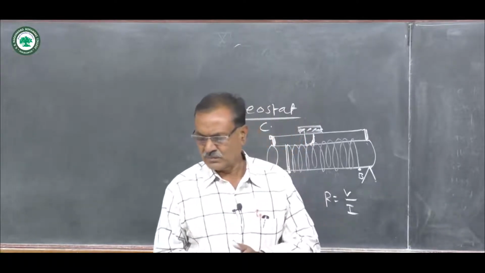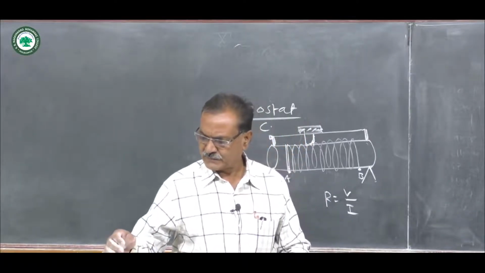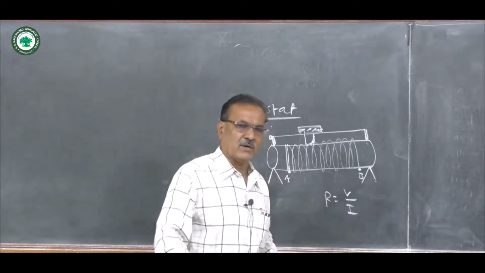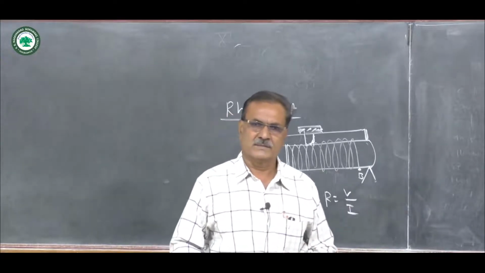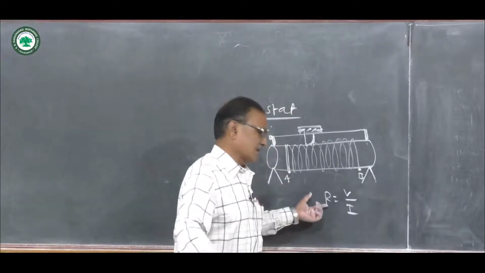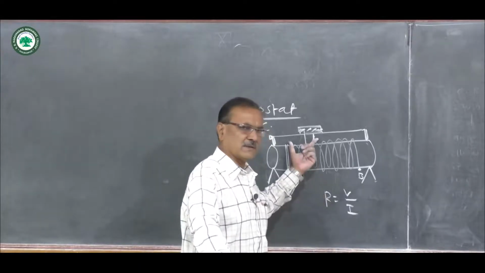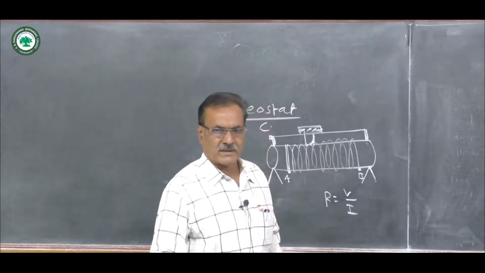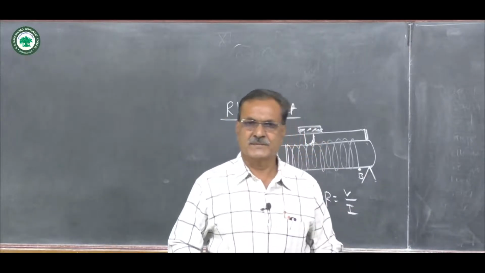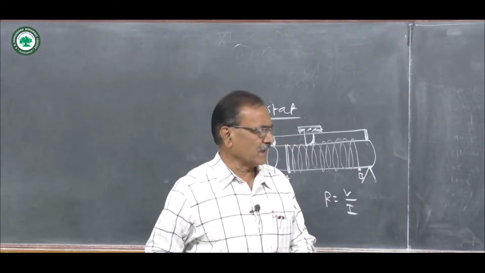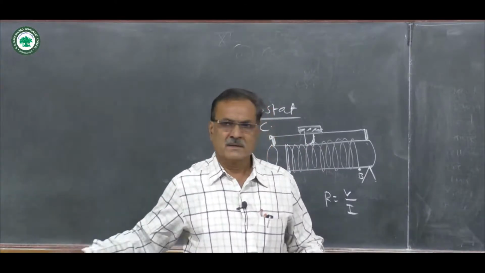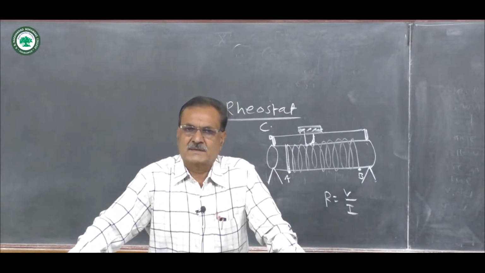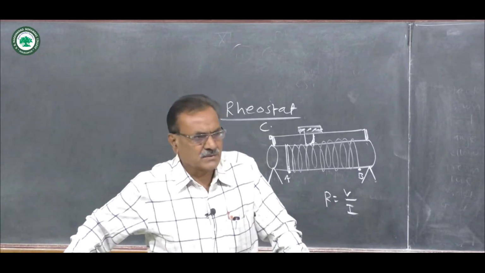Suppose we have to control the current, that means to decrease the magnitude of current, then the resistance is increased by using this adjustable rheostat, then the magnitude of current would decrease. Thus the rheostat is used in circuits to vary the resistors. Obviously the current also varies.